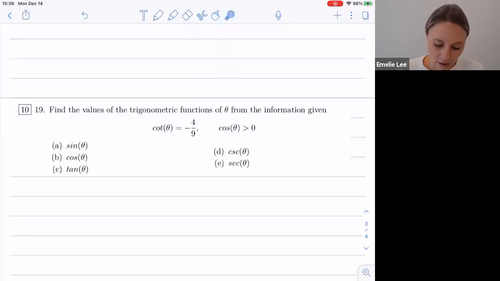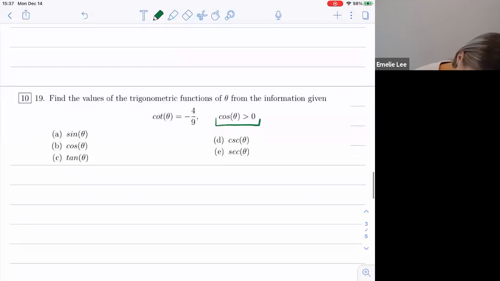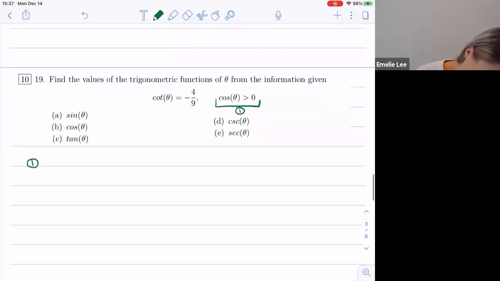So find the values of the trig functions of theta, some angle, from the information given. So the cotangent of theta is -4/9, and we're told that the cosine of theta is greater than 0. So the cosine of theta is positive. The cosine of theta, remember, is the x value on the unit circle, right? So that might be helpful. So my first step here is I'm going to have a look at this one here.